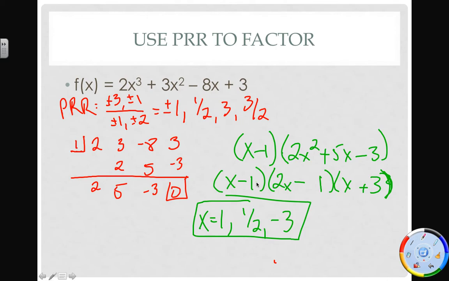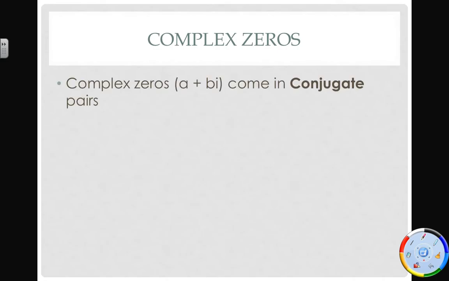All right, so notice we did factor, and we actually went down to linear factors, kind of like the theorem says. So one of the next things we're going to look at is the idea of a complex zero or imaginary. Now, we have these imaginary numbers that we've dealt with a little bit, a plus bi, and whenever this number is a zero, you also get its conjugate.